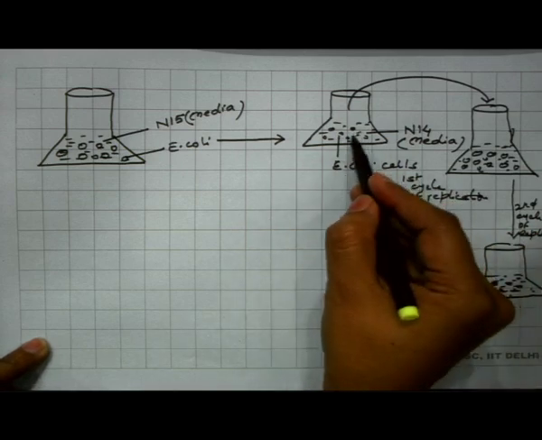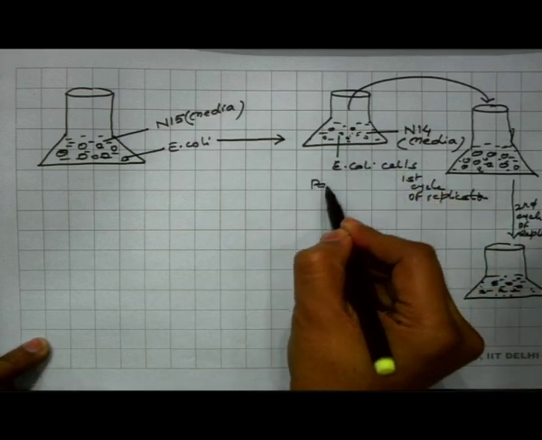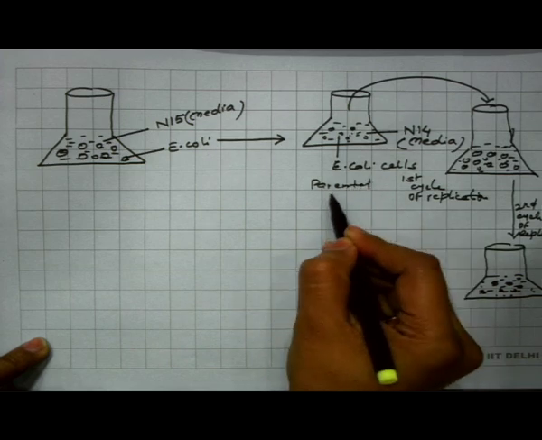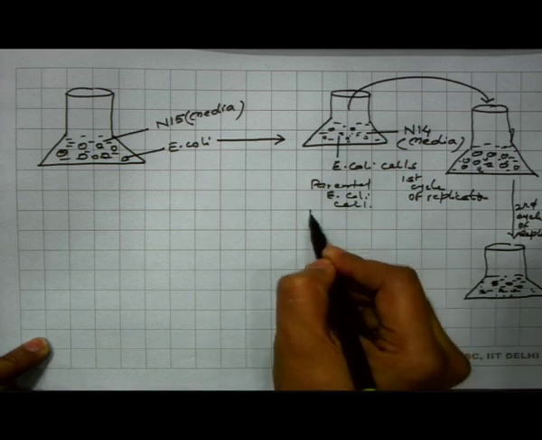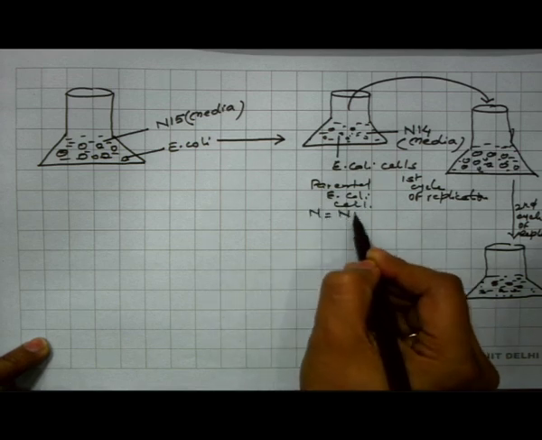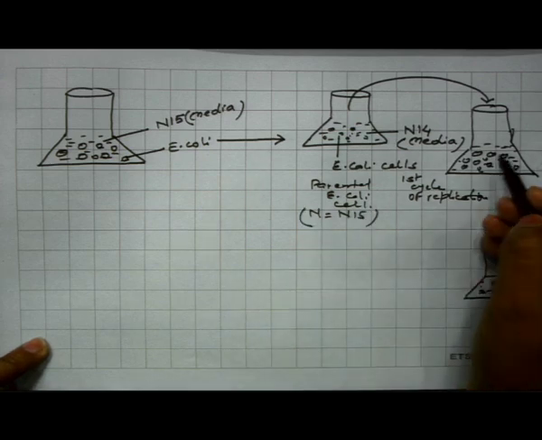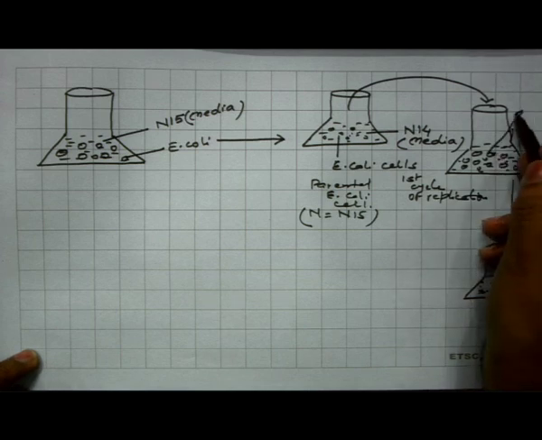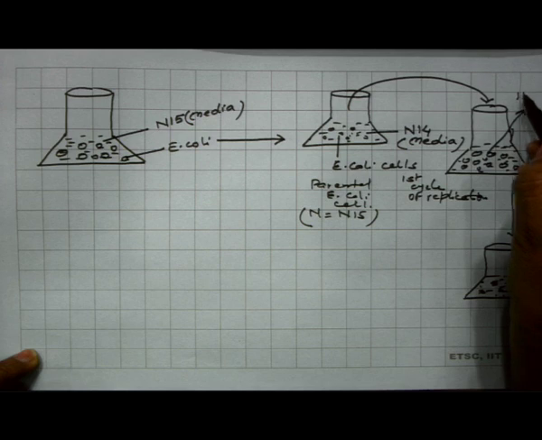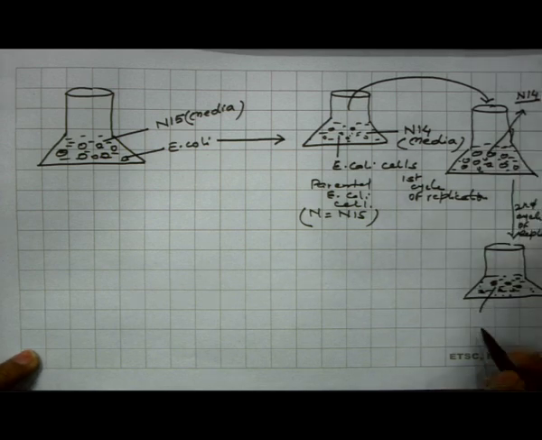So, here we have the parental E. coli cell in which nitrogen is N15, and in this newly synthesized E. coli cell the new DNA will be having N14 and here also N14.